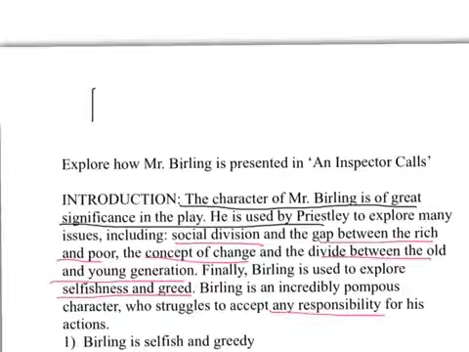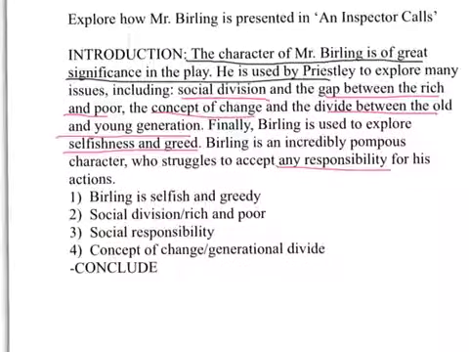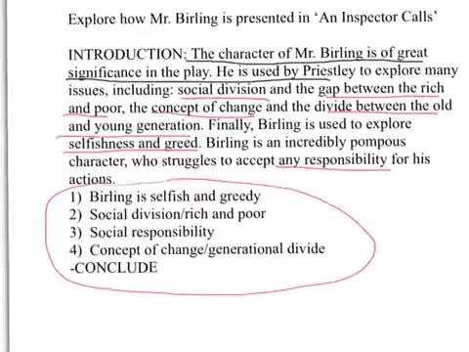So now that I've set out all of the things that I want to say in my essay, I've actually done the hard bit. I can then sort them out into paragraphs. So what you'll notice down here is that these are the topic headings for the body paragraphs of my essay. But all I've done is lifted them straight from what I've already said in my introduction.